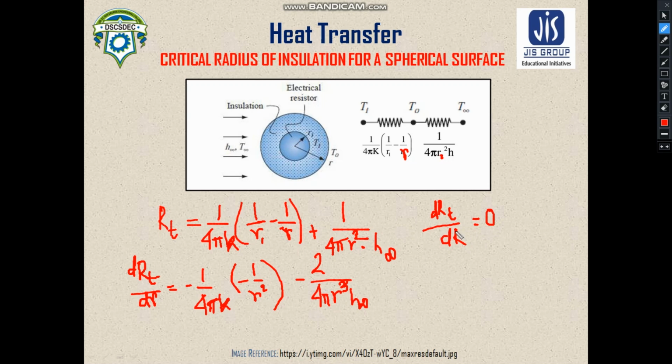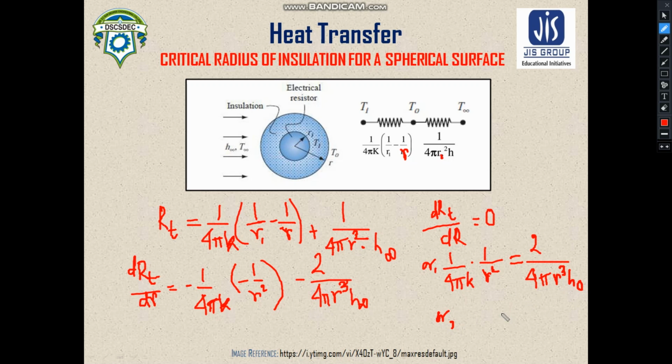Okay, so this is taken as 0, and if you do it, what we'll find is that 1 by 4 pi k into 1 by r square is equal to 2 divided by 4 pi, it would be r cube h o.